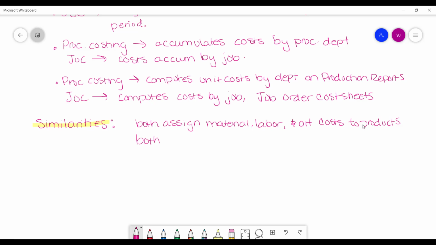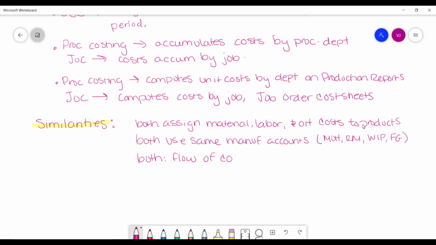Also, both of them use the same general manufacturing accounts. And this would be like your manufacturing overhead, your raw materials, your work in process, and your finished goods. Those they have in common. And also, for both, the flow of costs through those accounts is basically the same.